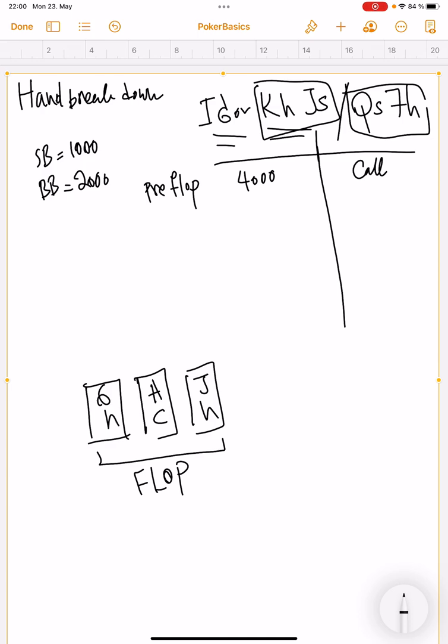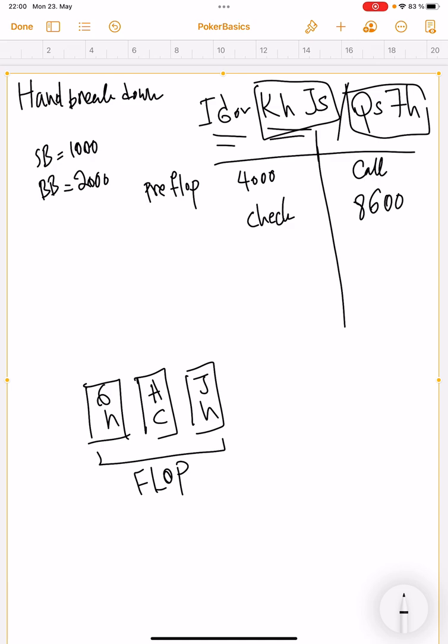But there is also an ace there. So what he does, he checks. His opponent bets 8,000, or let me make it more exact, 8,600.